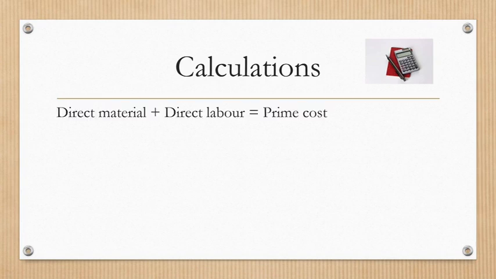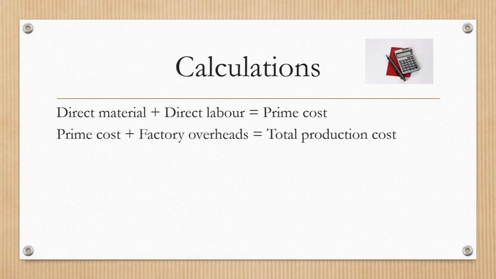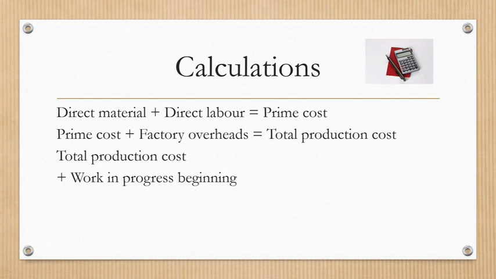Calculations that we have to make: direct material plus direct labor, we know will equal prime cost. If we take the prime cost and we add the factory overheads, then we get the total production cost. But then we started the year with semi-finished goods, work in progress that we haven't finished from the previous year.